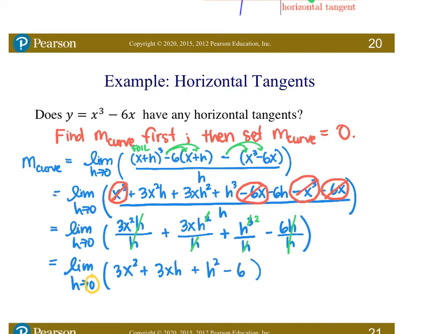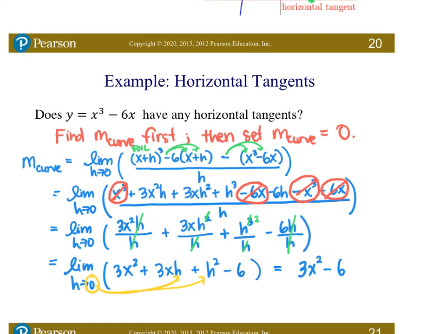Now I'll take my 0 and put it in for the h values. So it's going to go here and here, and those will both be 0. When those are both 0, I can drop my limit notation, and I'll have 3x squared minus 6 is the only thing left. This is the slope of the curve.